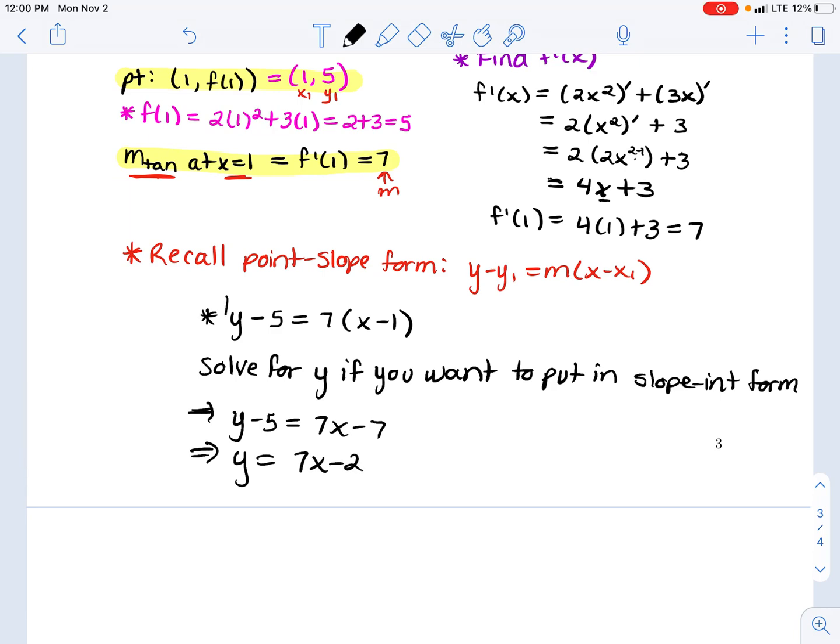Okay, so to be honest with you, I'm completely fine if you left it like this, in point-slope form. But that could be an option on the exam, where it's in slope-intercept form, so you need to understand how to go from point-slope to slope-intercept by just solving for y.